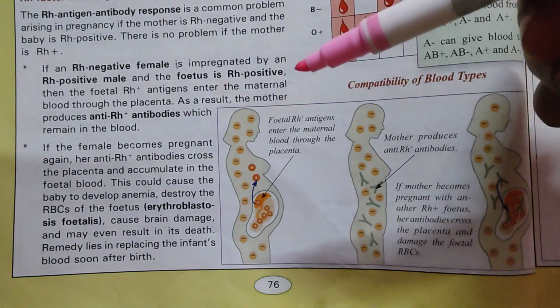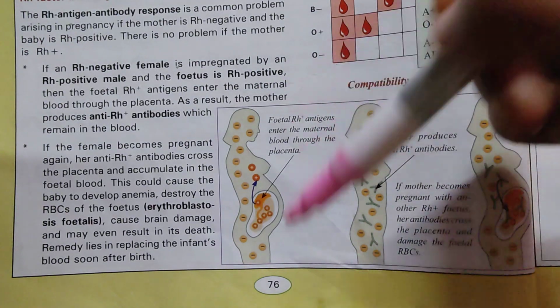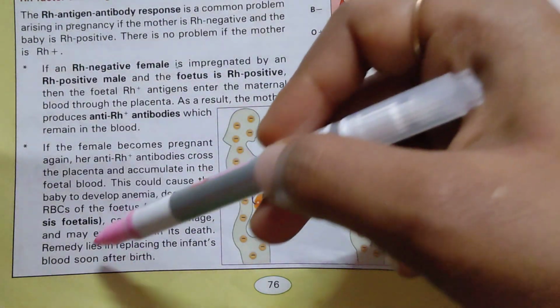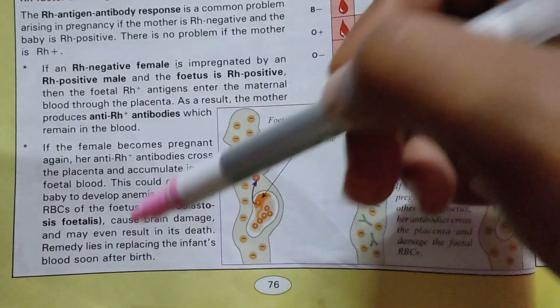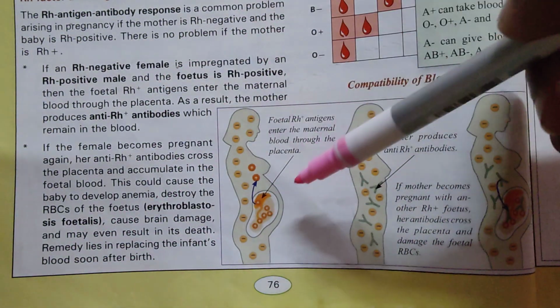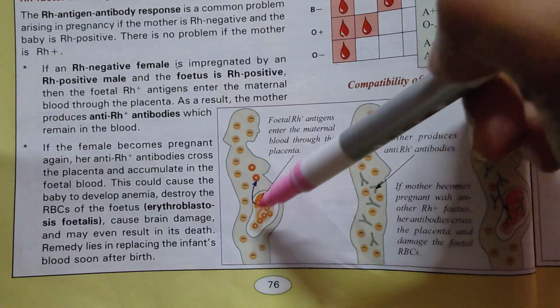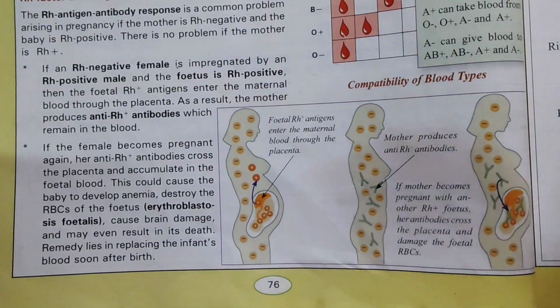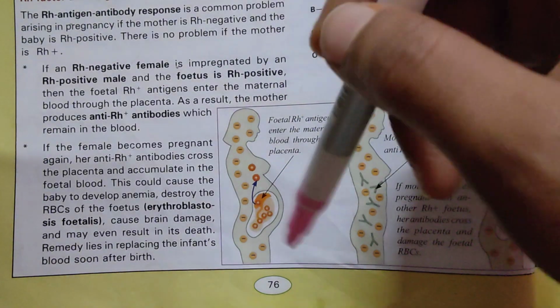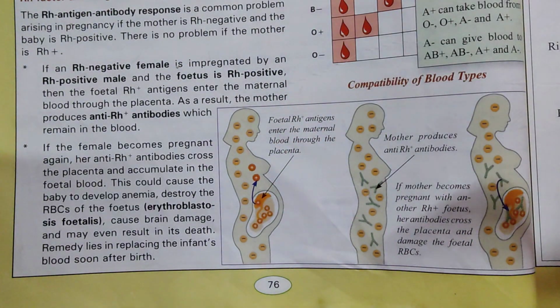So there is a remedy. Nowadays injections are available, and in a book it is written that the remedy lies in replacing the infant's blood soon after birth. It can be done by blood transfusion. Soon after the baby is born, the blood is withdrawn from the baby and new blood is given to the baby.